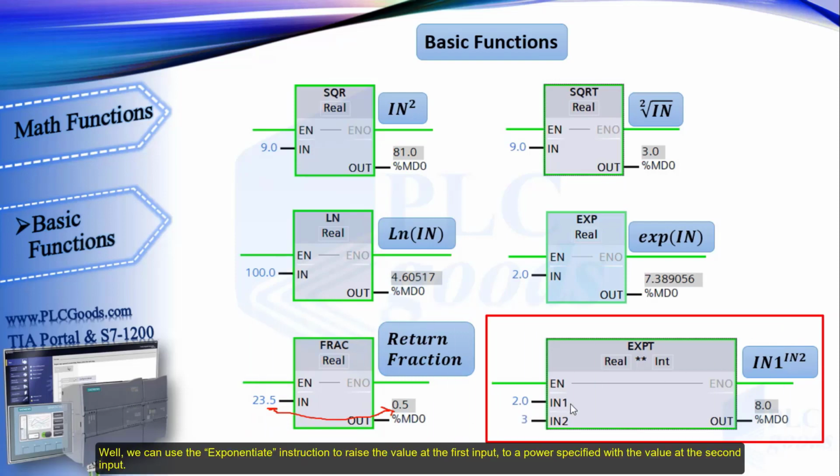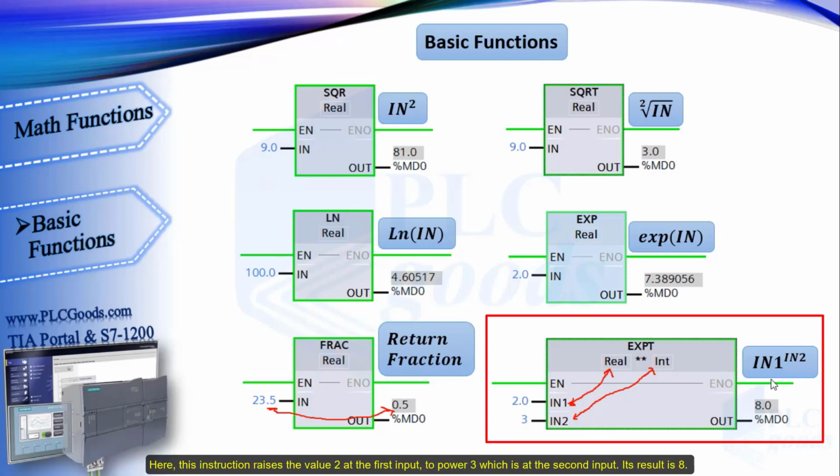Well, we can use the exponentiate instruction to raise the value at the first input to a power specified with the value at the second input. Here the instruction raises the value 2 at the first input to power 3, which is at the second input. Its result is 8.